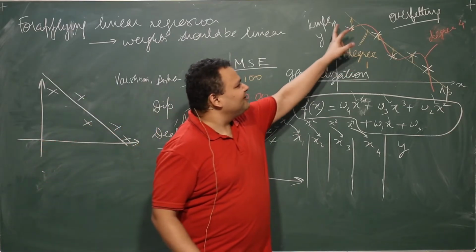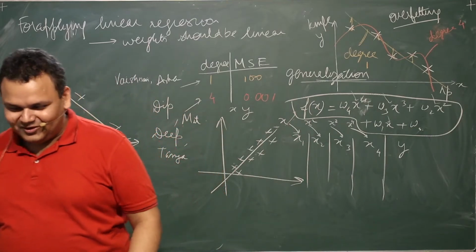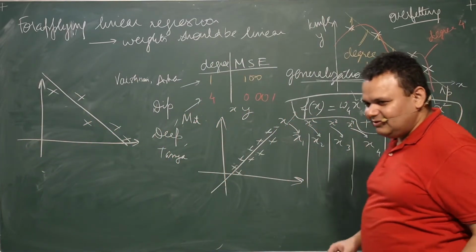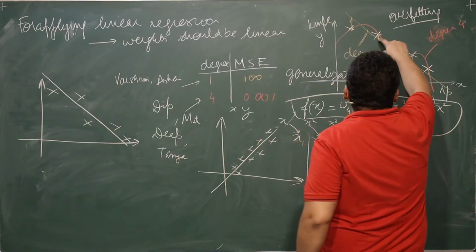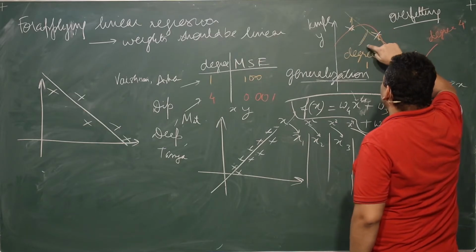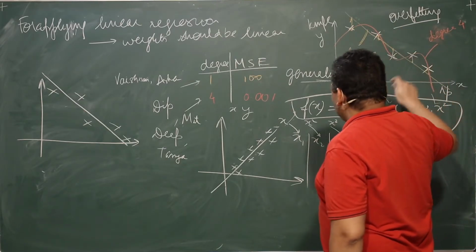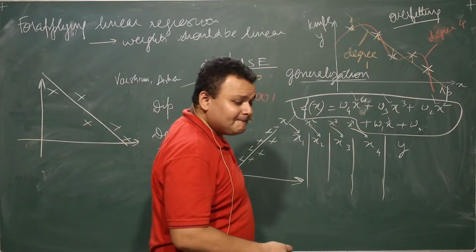Similarly, let us say this orange line is the real relationship, and there is some noise due to various environmental factors which is causing these data points to move away from this real orange line. So what is the red or the pink curve doing?